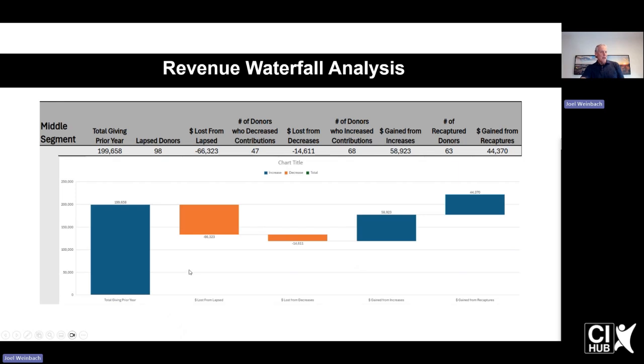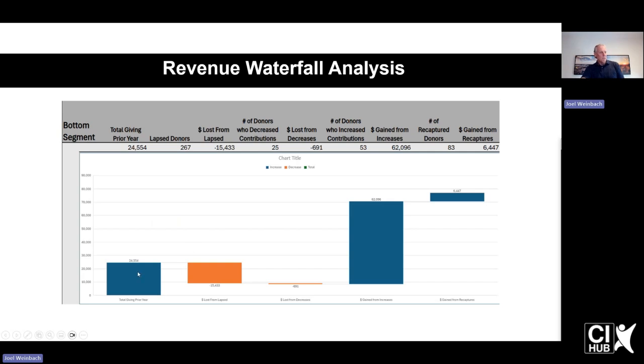Middle segment performed a little better. Overall, they started the year before they acquired a single new middle segment donor. They raised about $40,000 or about $25,000 more than they did the year before. The bottom segment is even better than that. Had a really good year on a percentage basis, but this is still not very many dollars. $62,000 in increases out of the bottom segment.